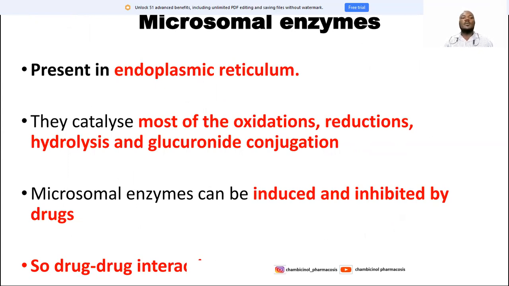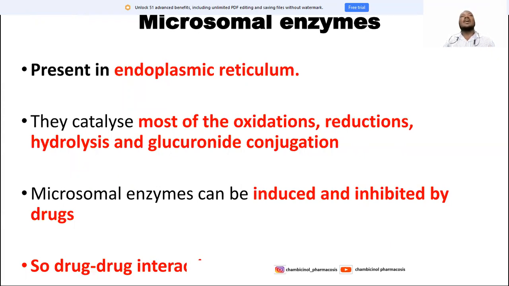Microsomal enzymes are present in the endoplasmic reticulum, and they participate in phase 1 reactions, including oxidation, reduction, and hydrolysis, with the exception of cyclization and decyclization. So phase 1 reactions involve both microsomal and non-microsomal enzymes.